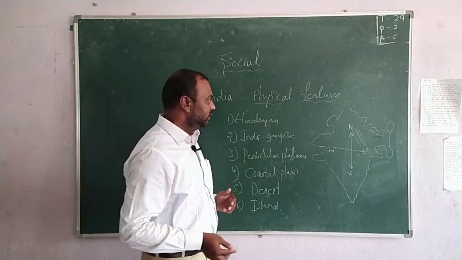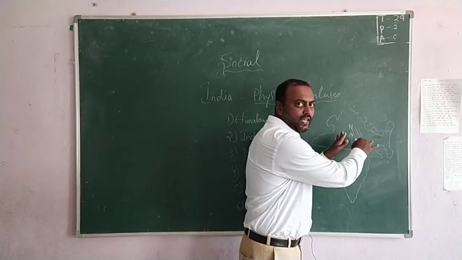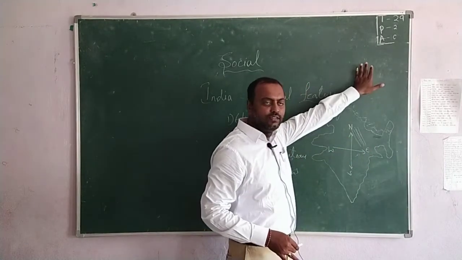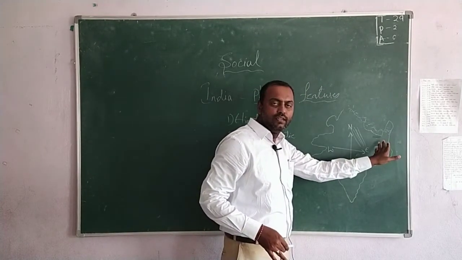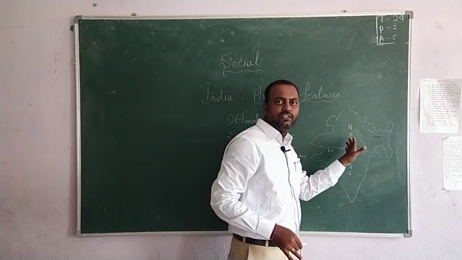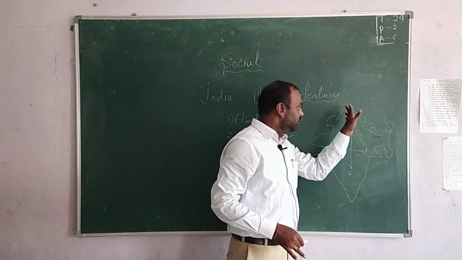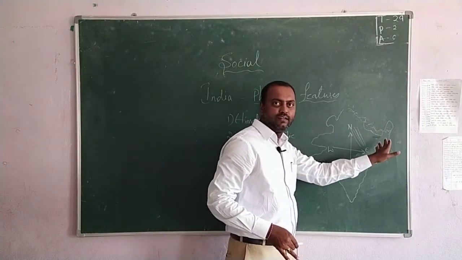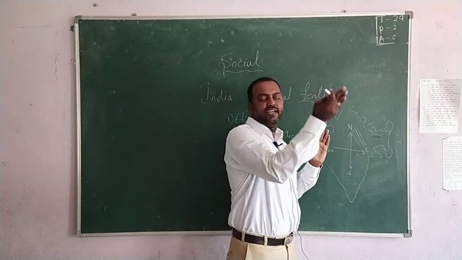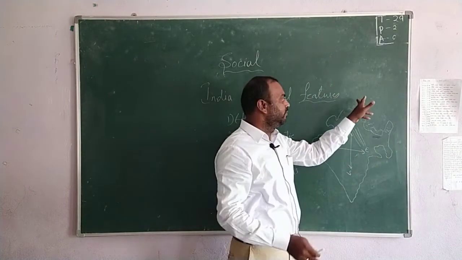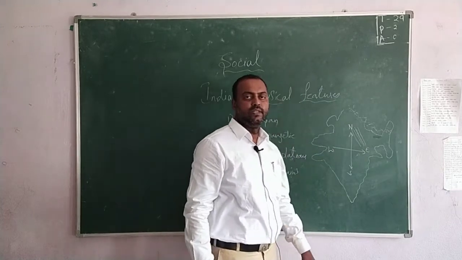This stands as Gondwana land, and this was Angara, and there was a Tethys Sea. Because of the compression between these two land masses, the sea which was present earlier here, its seabed has risen up and formed into the present Himalayas.